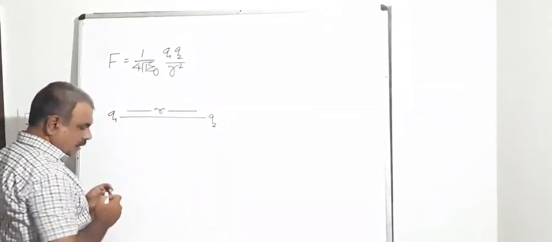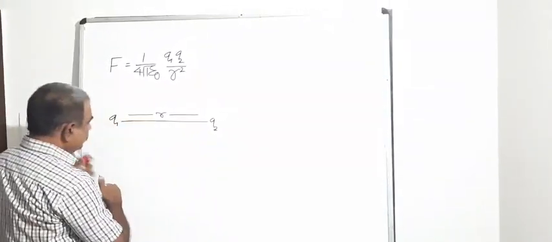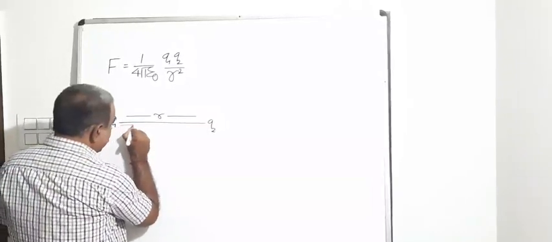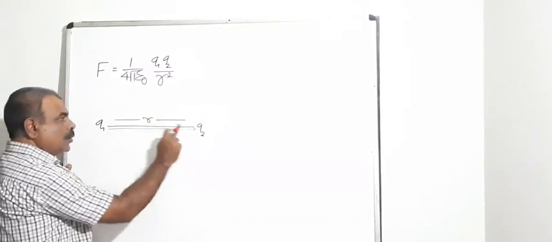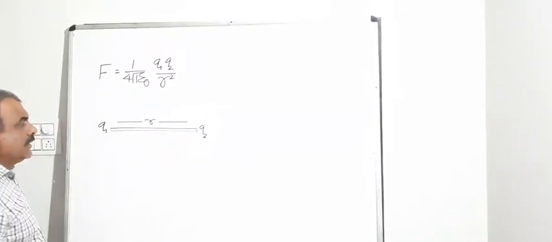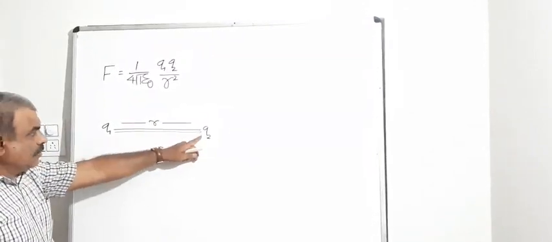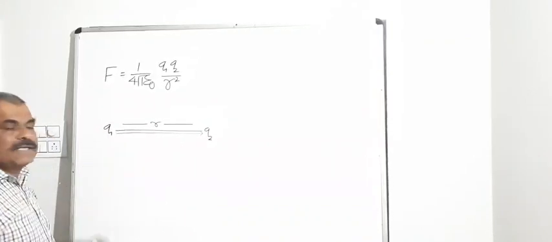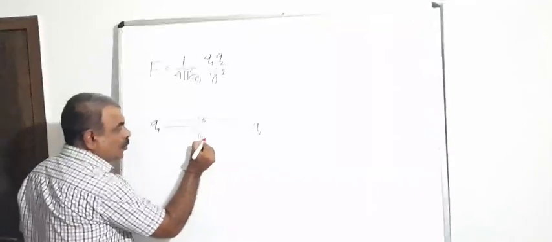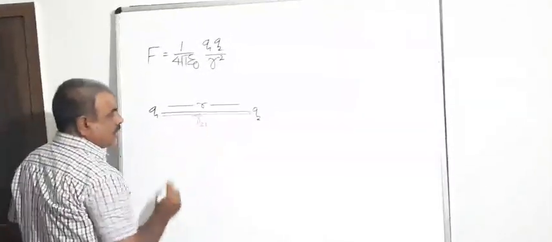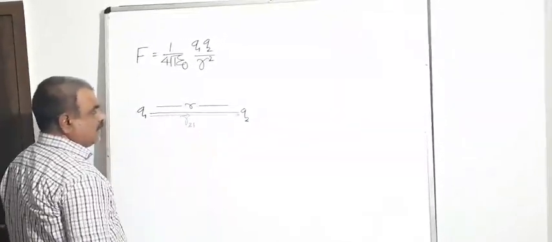Now, if I represent a vector which is pointing from Q1 to Q2, then it represents the position vector of charge Q2 with respect to charge Q1, and I'll write it as R21, the position vector of 2 with respect to 1.